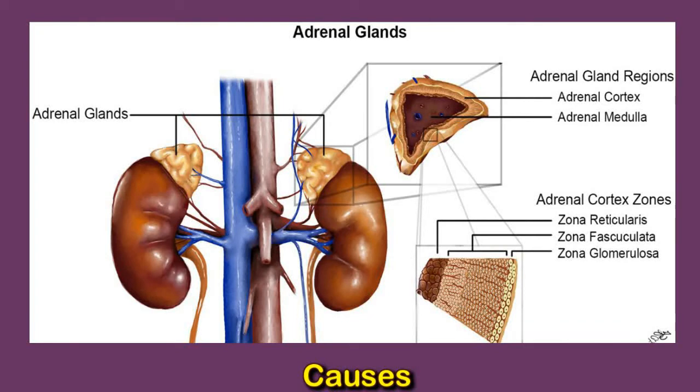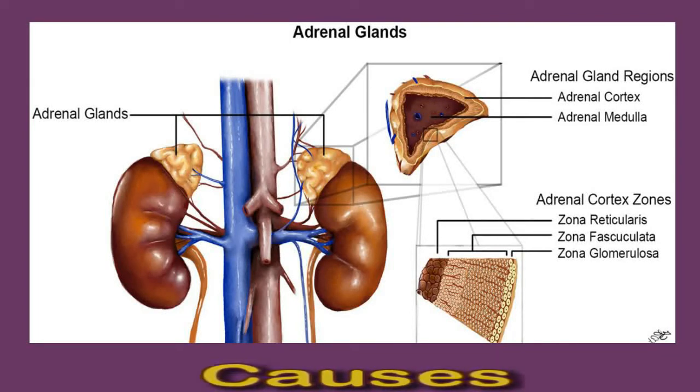Secondary adrenal insufficiency can be due to autoimmune reactions, tumors or infections, pituitary surgery, brain injuries, genetics. Most cases of tertiary adrenal insufficiency occur after a person suddenly stops a long course of corticosteroid use.